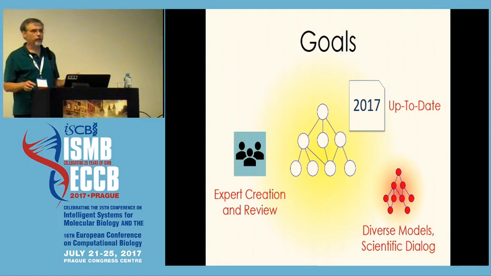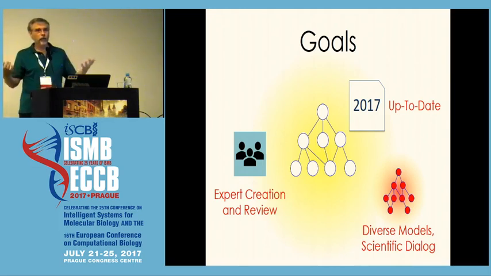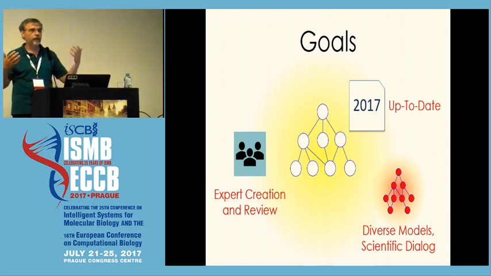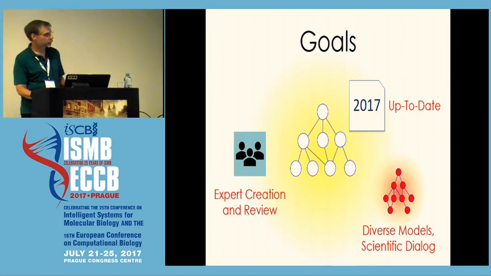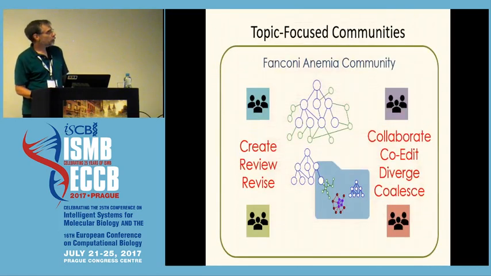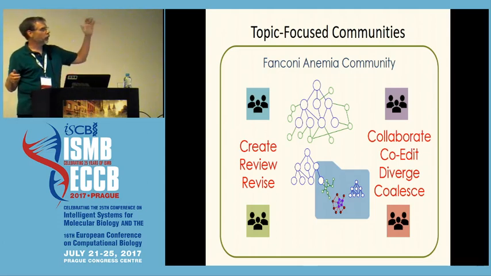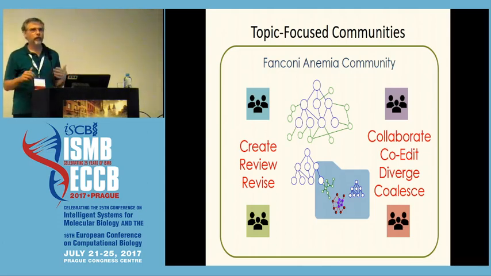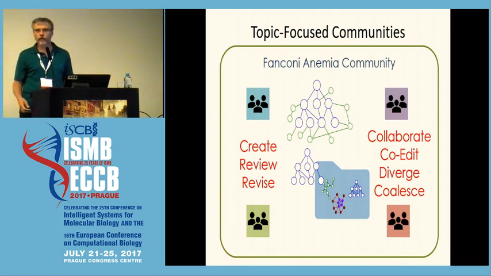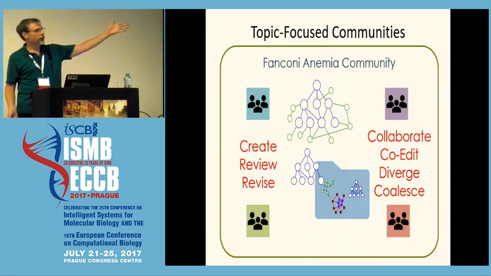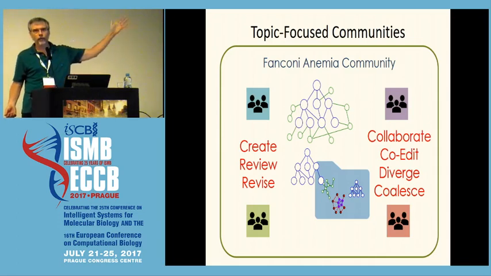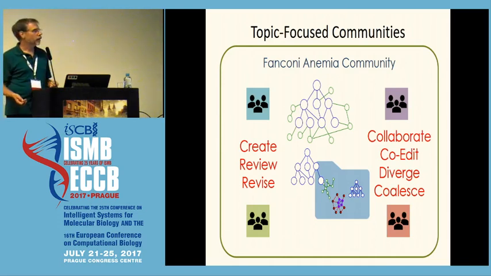So it's not about having just one opinion. It's not this is the network for a particular pathway. There's room for discussion. So we must have divergent models, and that's, again, why it's user-driven content. So why should people participate in this? Well, part of it is we want to create topic-focused communities. So instead of saying we have one big community that is the network creation community, clearly, we want something like, Mike's network would be relevant to a Fanconi anemia community.